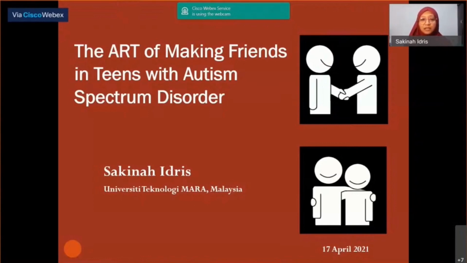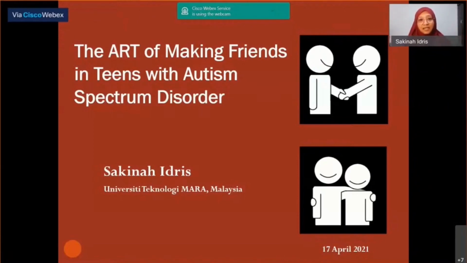If it's severe autistic disorder, they might lack these two components and need very substantial support.